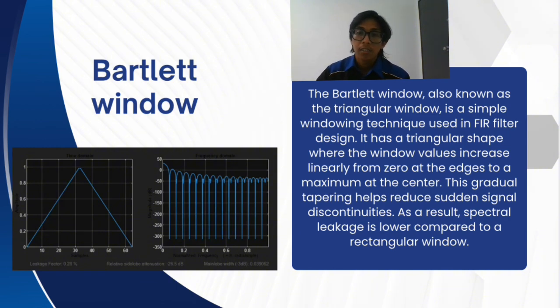Its shape is triangular, as this graph shows, where the window's values increase linearly from 0 at the edge to a maximum at the center. This gradual tapering helps reduce sudden signal discontinuities. As a result, you can see that the spectral leakage is lower compared to a rectangular window.